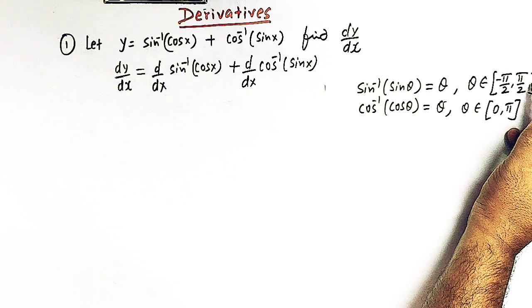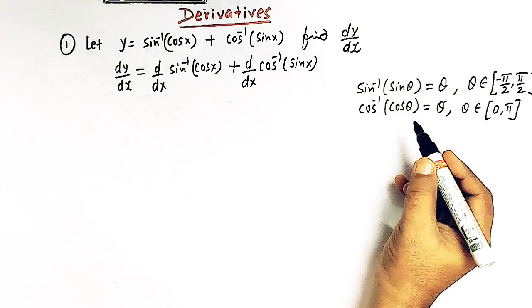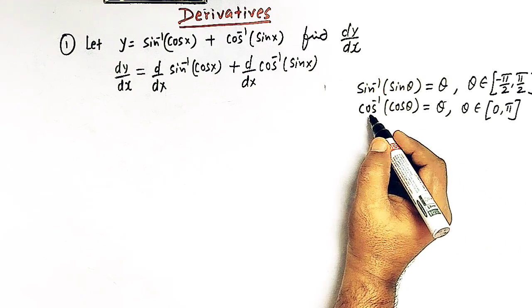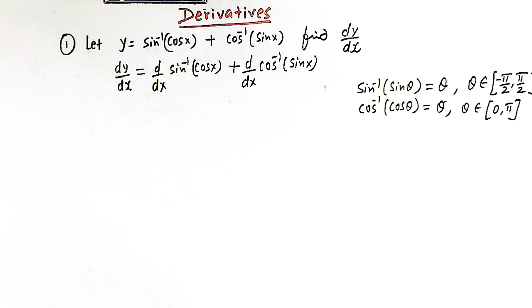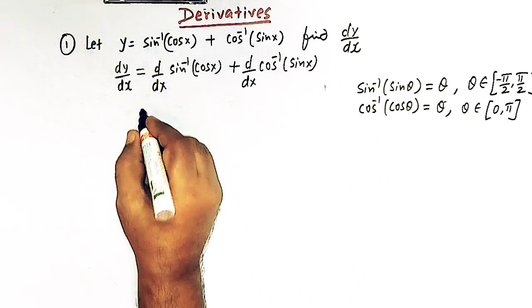So this interval is the principal value branch of sine inverse function, and this interval is the principal value branch of cos inverse function. So here we'll make use of these two results, right?